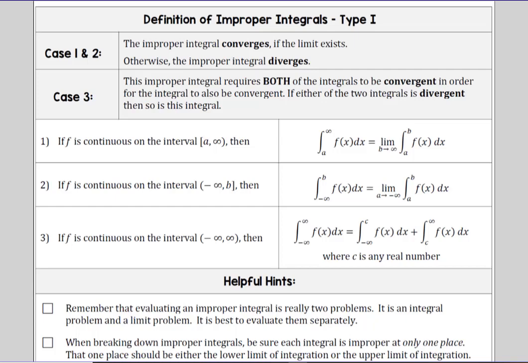So the improper integral will converge if the limit exists. Otherwise, the improper integral will diverge.